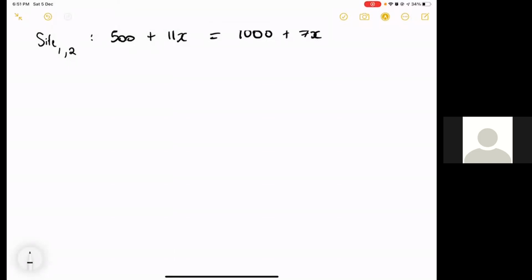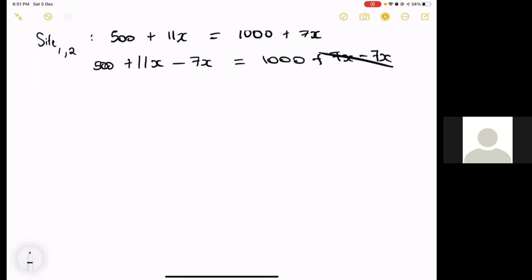Transposition, everybody. Let me take it slow. 500 plus 11x minus 7x is equal to 1,000 plus 7x minus 7x.